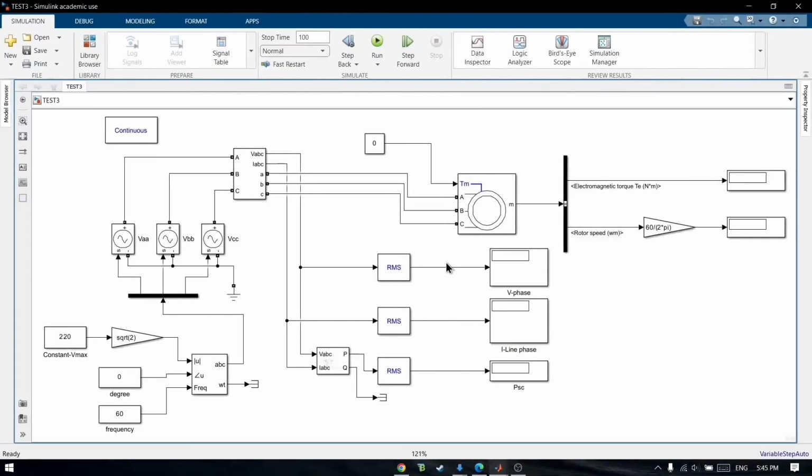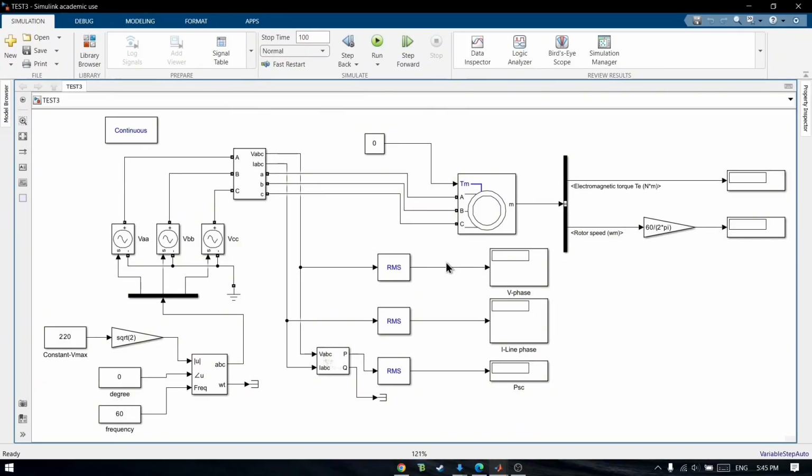Welcome to part 3 of our project series. In this video, I will demonstrate the no-load test of the 3-phase induction motor using MATLAB Simulink. The test is used for determining the magnetizing reactance, stator copper loss, and rotational loss of the motor.